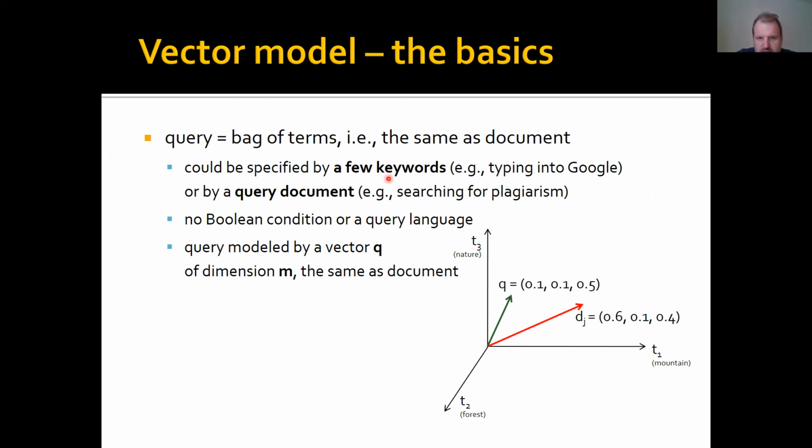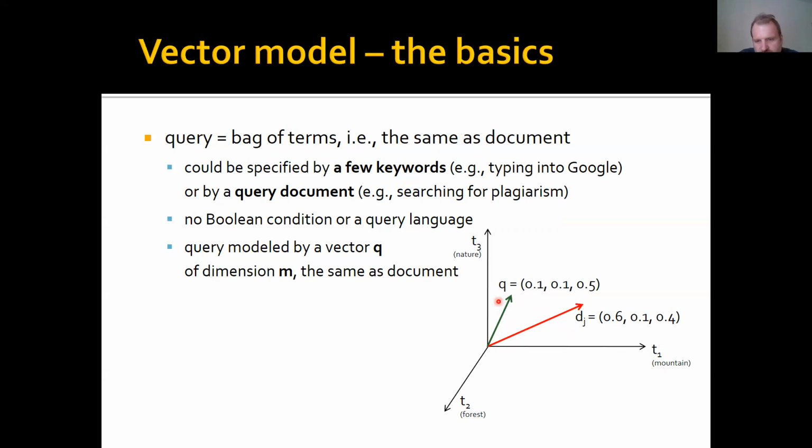Of course, it's specified by keywords, but these are not combined using Boolean operators. They are just the keywords, nothing else. So the query is regarded as a very simple document and is processed the same way. So no matter if the document has a big number of keywords or small, like in a query, they are all processed the same way.